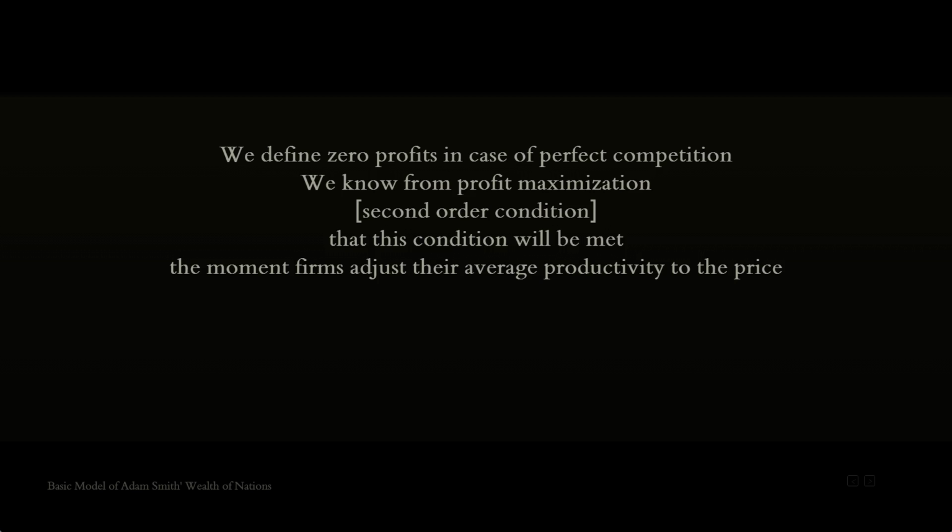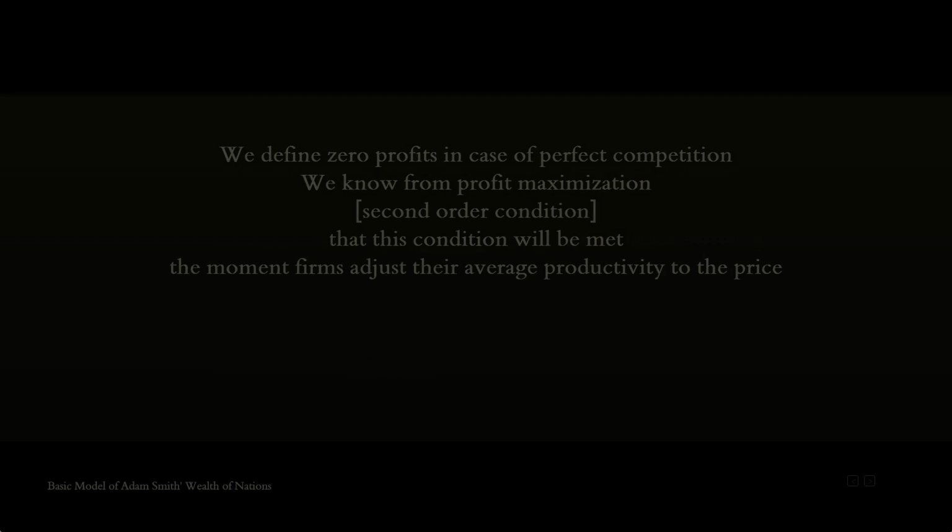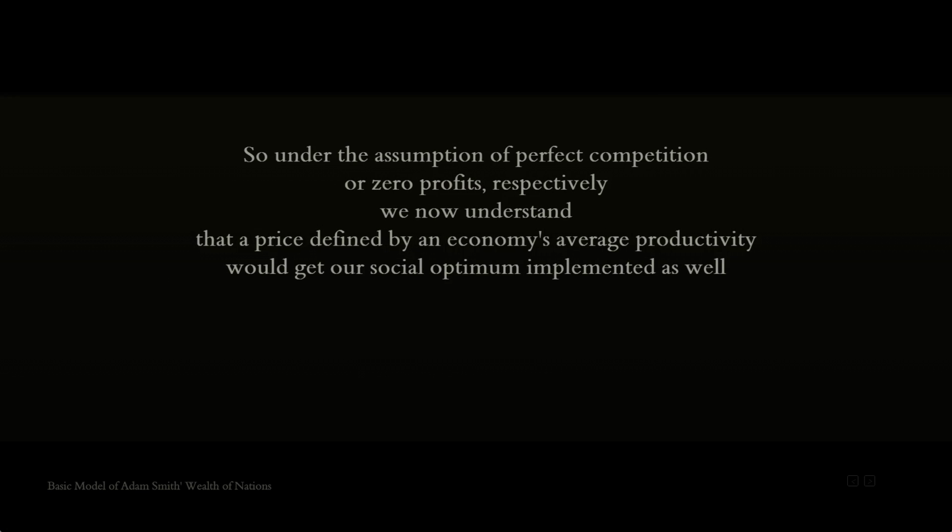We know from profit maximization that this condition will be met the moment firms adjust their average productivity to the price. So under the assumption of perfect competition, or zero profits respectively, we now understand that a price defined by an economist's average productivity would get our social optimum implemented as well.